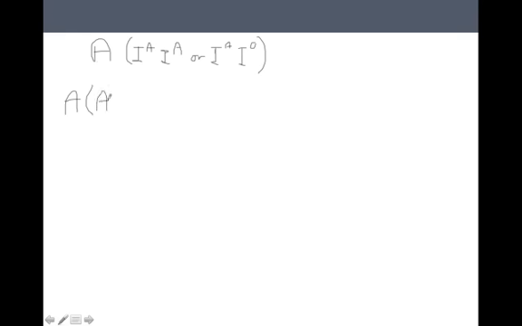His mom is either AA or AO. We don't know which. We're only told phenotypically she is blood type A. So genotypically she could be either one of these.